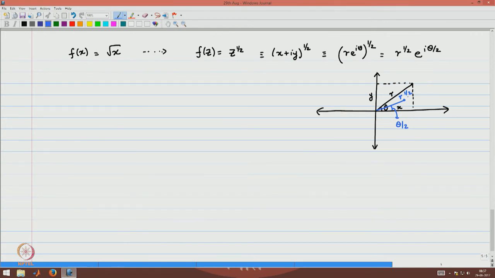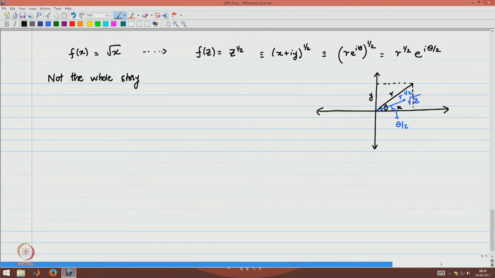Okay, so this point is square root of z. Okay, now this is not the whole story. This is not the whole story. Okay, but you notice that by using the polar coordinates, we were easily able to take the square root.